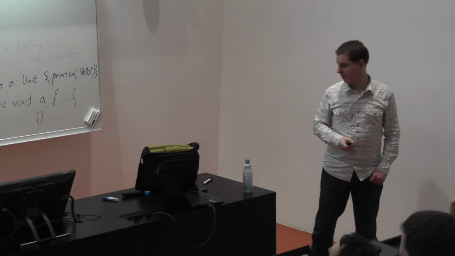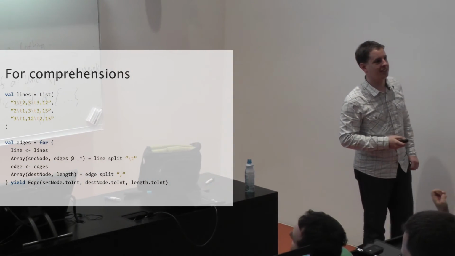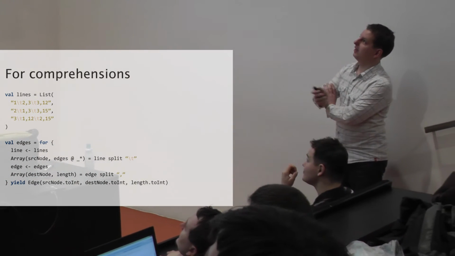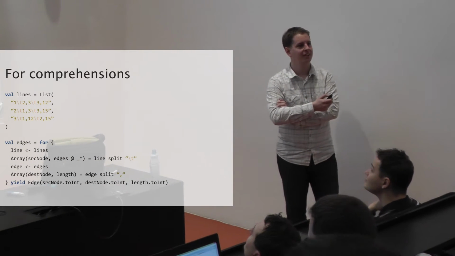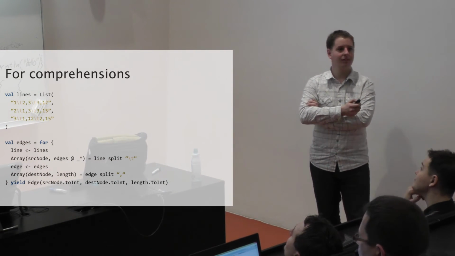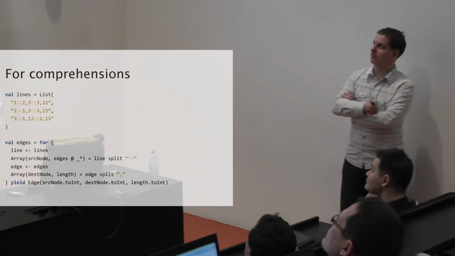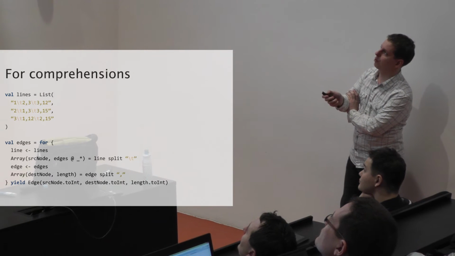And the last one is a for comprehension. So I have created this example from real life for you. It was some problem on one Coursera course about implementing a Dijkstra algorithm, and the graph was in this kind of format.